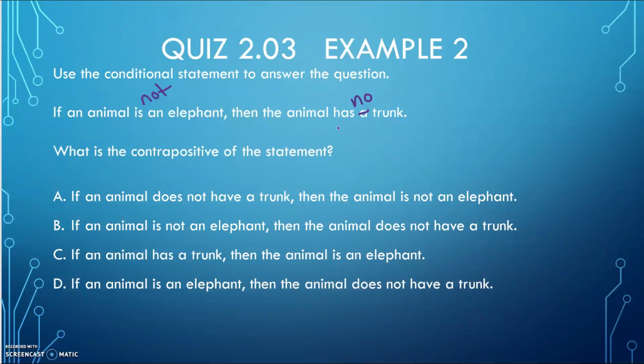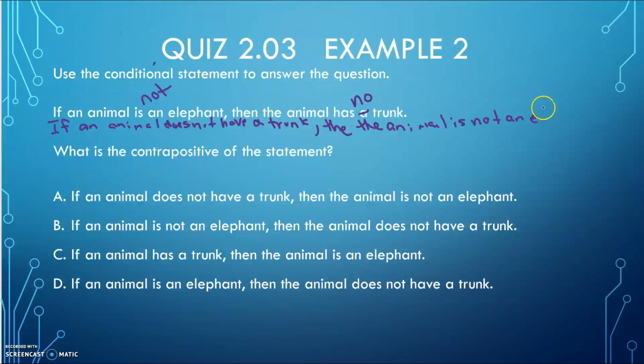Then we switch them, so it has to be, if an animal does not have a trunk, then the animal is not an elephant.